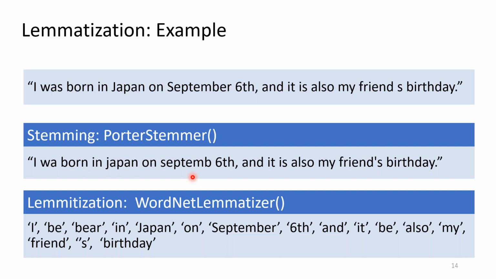Okay, so let me talk about the lemmatization example. This is the sentence I said before: I was born in Japan September 6th, and it is also my friend's birthday. Here, I canonicalize this sentence by using stemming and lemmatization.